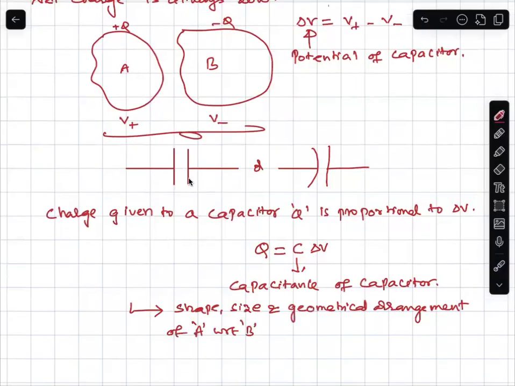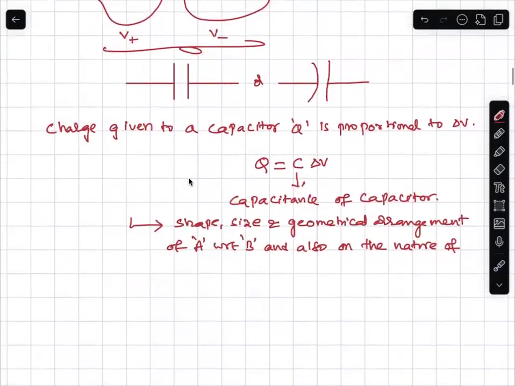And also on the nature of the medium between them.